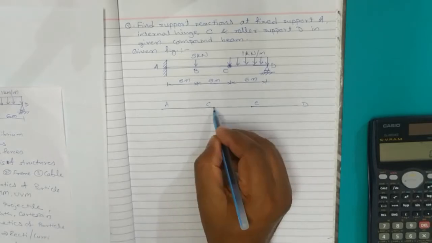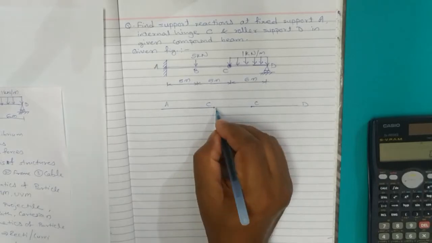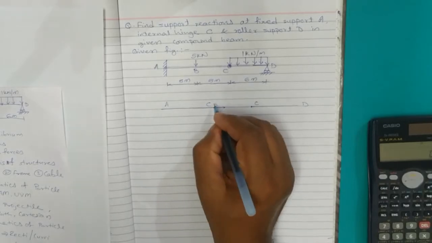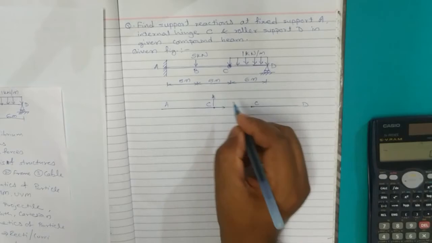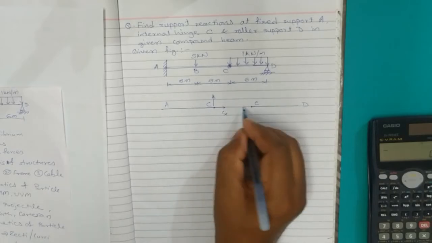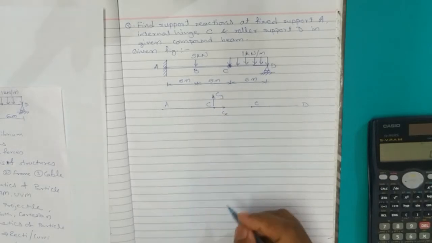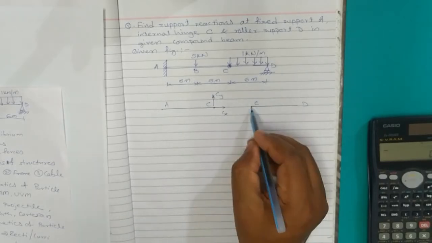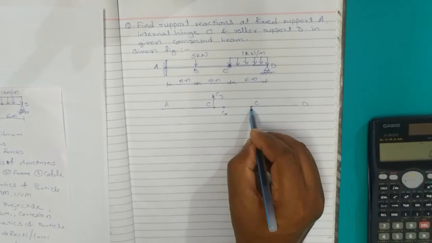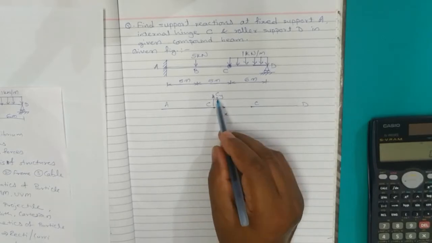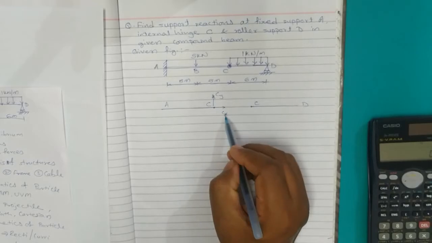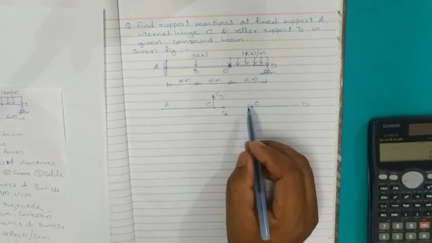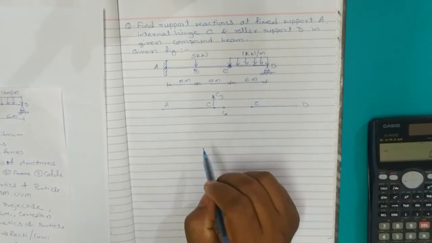Now, for the part AC, if at all I show the reactions Cx and Cy in this manner, Cx going in the right direction and Cy in the upward direction, remember the other part of the beam at the same internal hinge point C, we are going to have exactly the same magnitude as that of this Cx and Cy, but those are going to be exactly in the opposite direction.